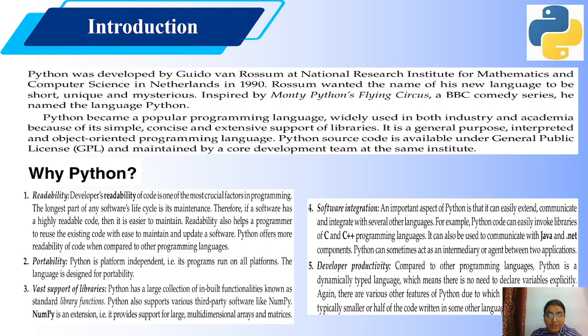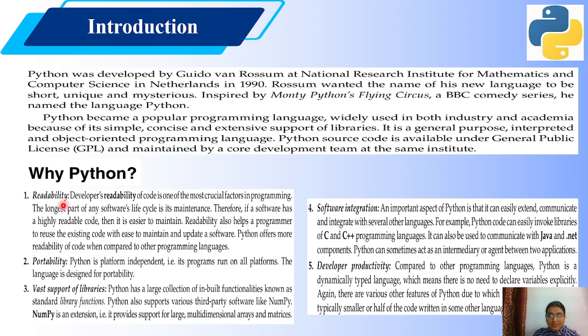So, when we talk about the key features of Python, just let me highlight it. The first feature which comes is its readability. It is one of the biggest strengths of Python. And I just wanted to ask a question. Have you ever tried reading someone else's writing that was very messy?